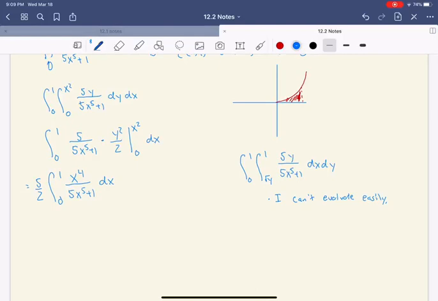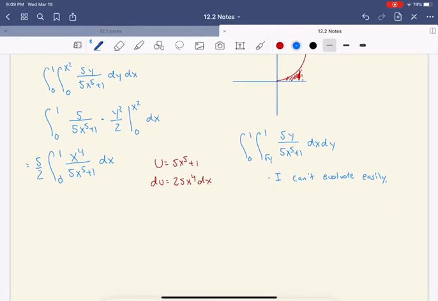Okay. Now, this one's much easier to integrate. I can just let u equal 5x to the fifth plus 1, du is 25x to the fourth dx.